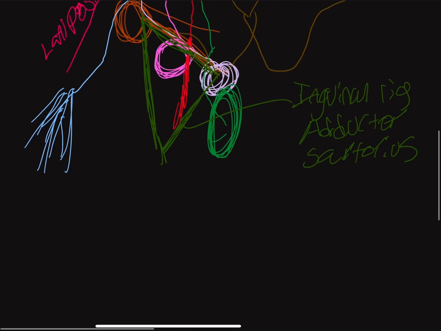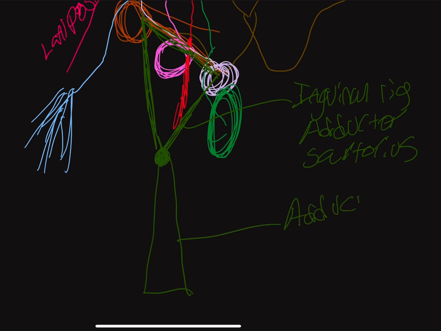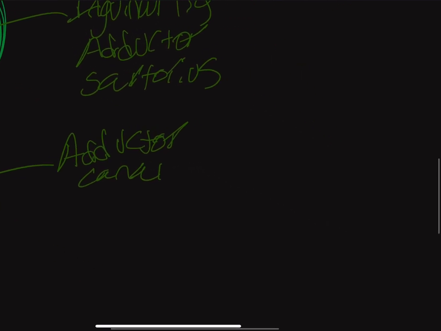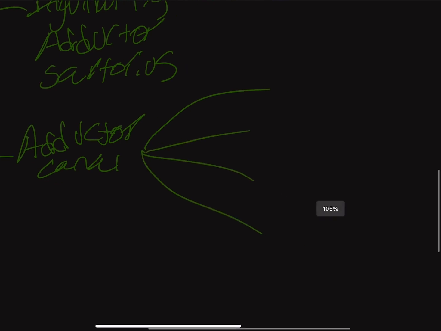Right? After your sartorius, I want to bring this up now. After your sartorius, you have your adductor canal, and your adductor canal is made of 4 different muscles, right?